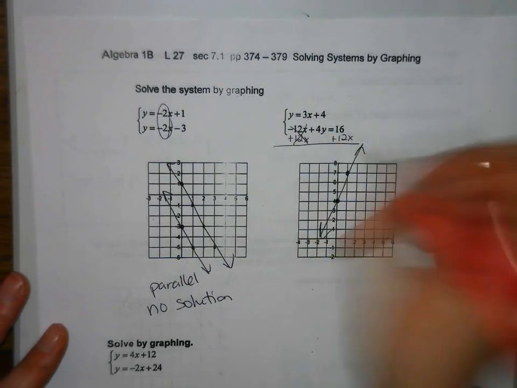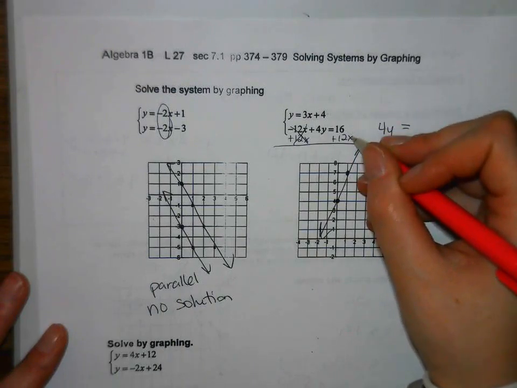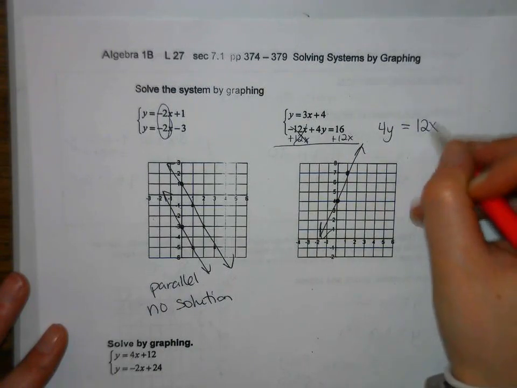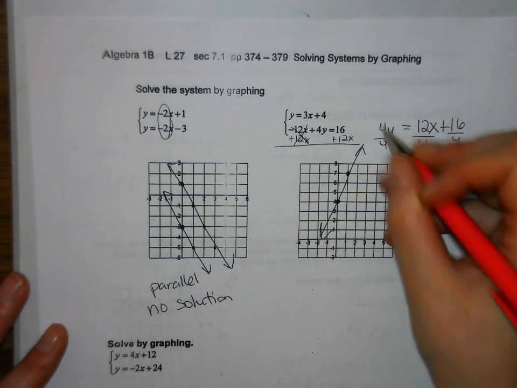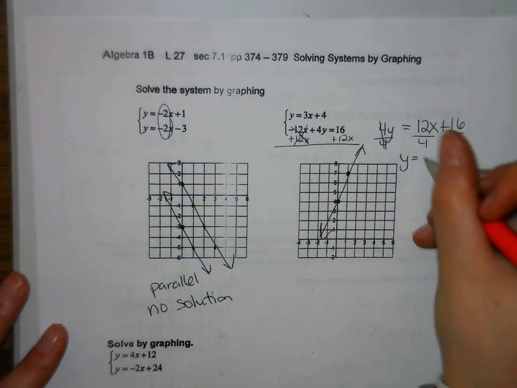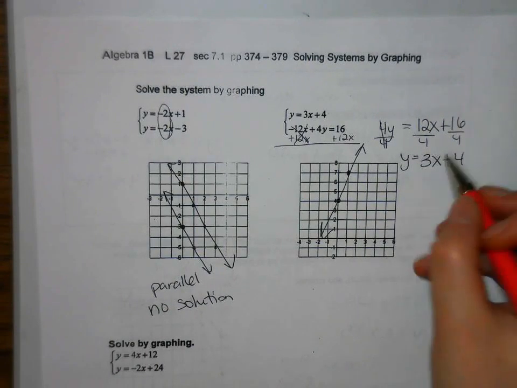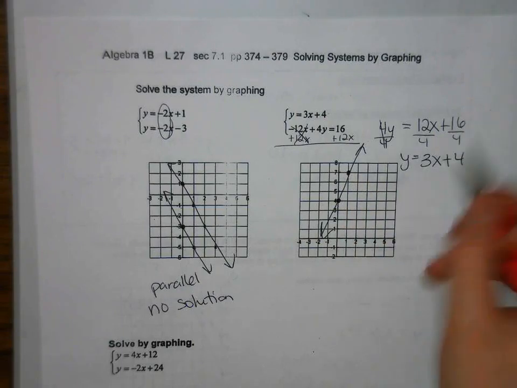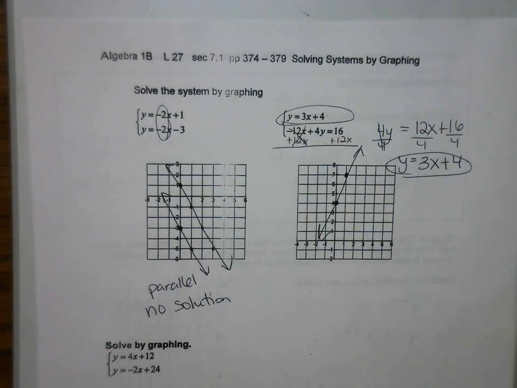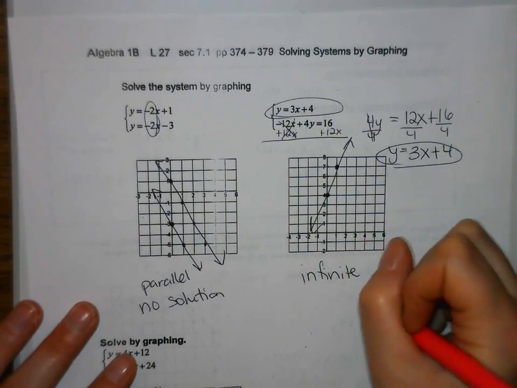So those cancel out, so we're left with 4y equals, these are not like terms because one has an x, one doesn't, so 12x plus 16. Divide everything by 4. So y equals 12 divided by 4 is 3. 16 divided by 4 is 4. So we end up with y-intercept of 4, slope of 3, so we go up 3 over 1. Since these are the same equations, for each equation it's the same line, so this means we have an infinite amount of solutions.